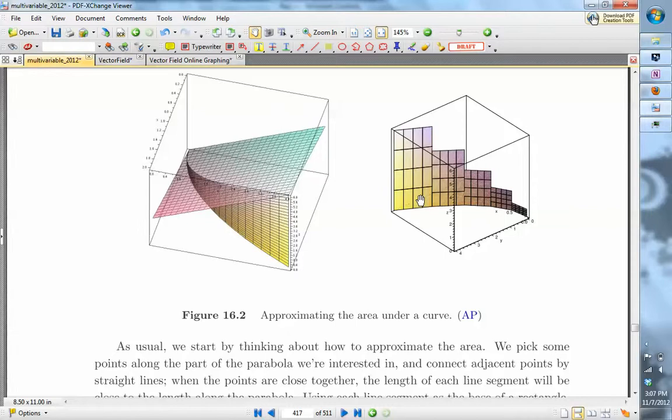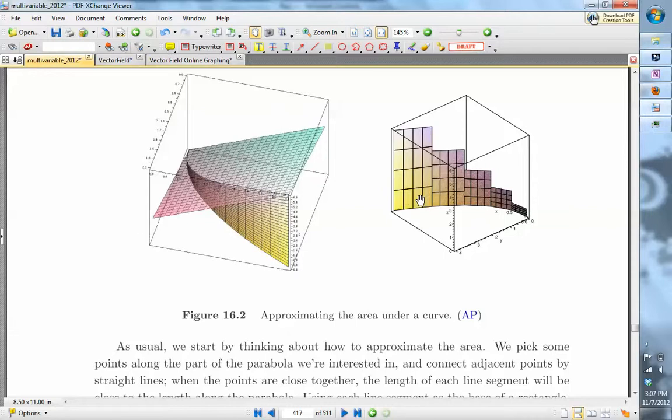You have this path in the xy plane, and you have the surface above. And to start out with, what we'd like to be able to do is find the area of this sheet. Does everybody see how this sheet works? It's the sheet that goes from the curve up to the surface. Can I find the area of that sheet?